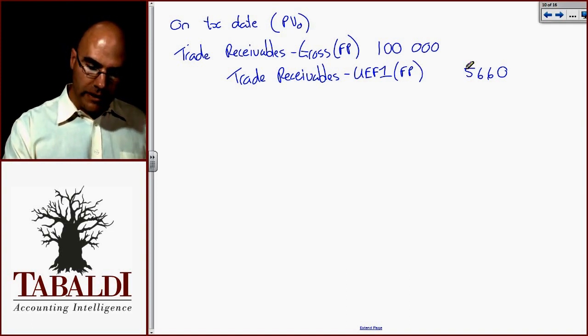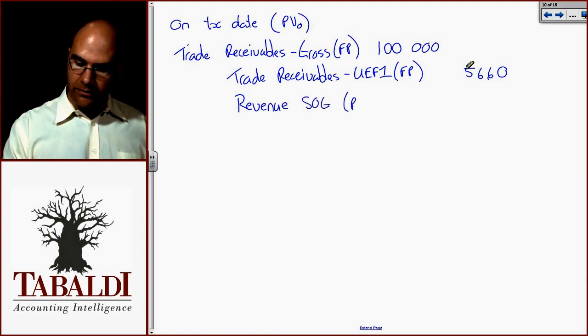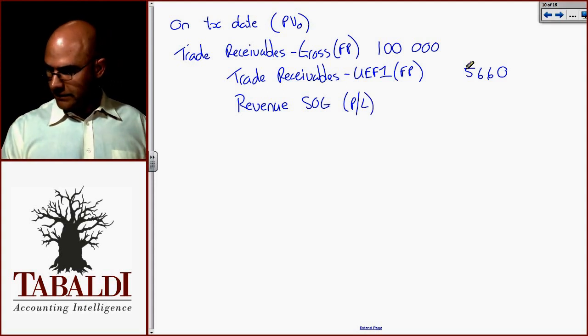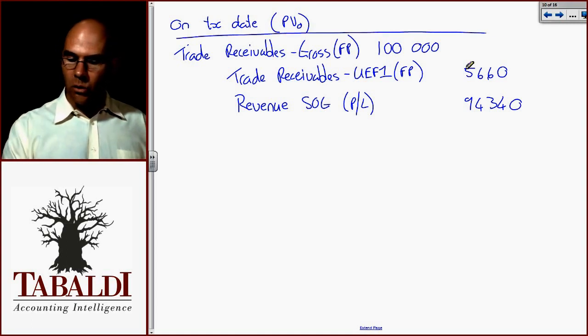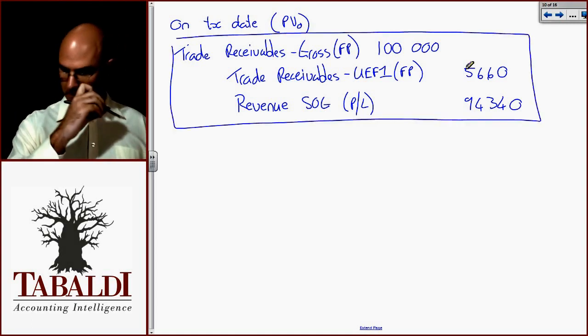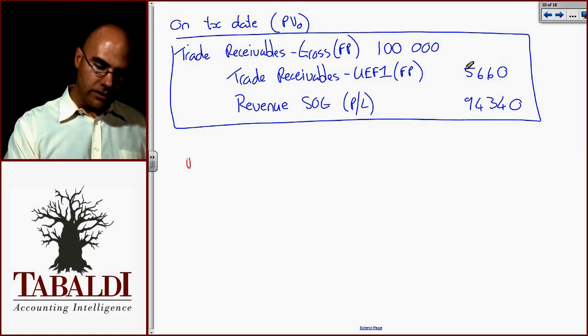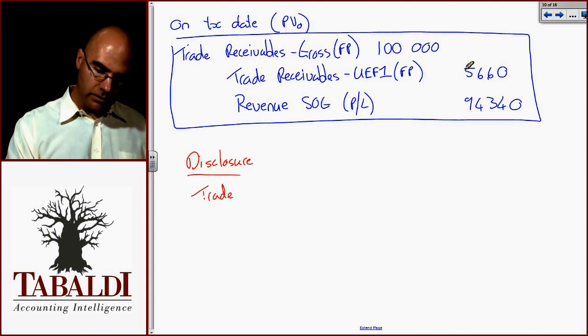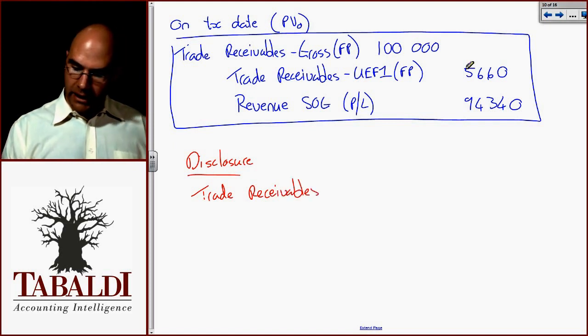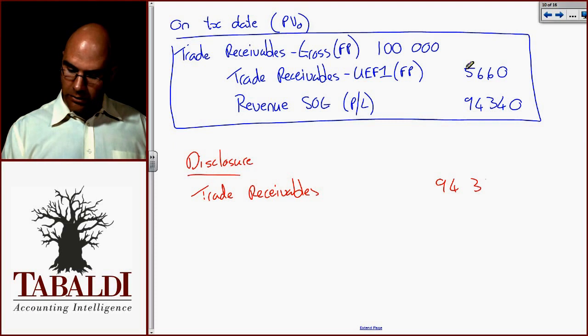The credit, well, that is going to go to revenue from sale of goods, and that is a profit or loss amount, and we've done that figure of 94,340. I've ignored any sales tax or value added tax. Okay. On the face, the disclosure, you're still going to have trade receivables on day one being equal to the 94,340.